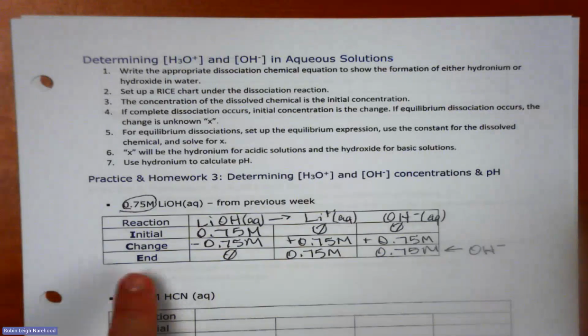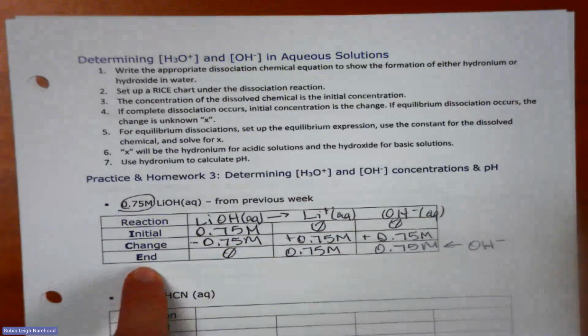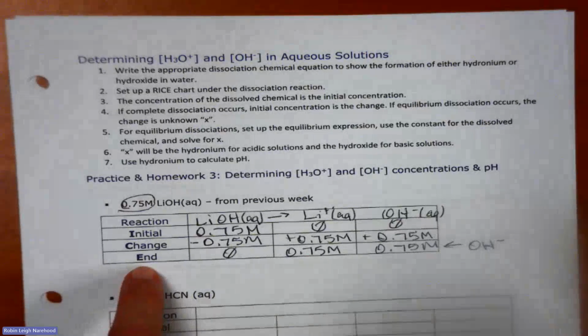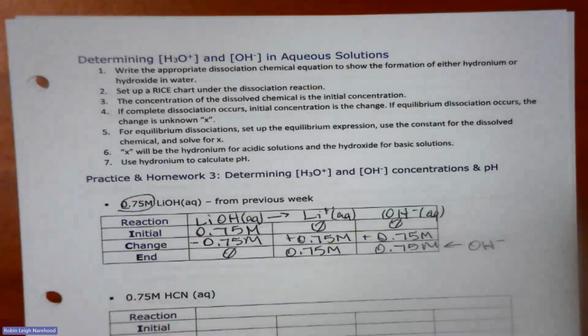I put ends because it's not equilibrium. If something completely dissociates, and the only things that completely dissociate are an ionic compound that has completely dissolved, again, not solubility, or a strong acid. Everything else is weak.